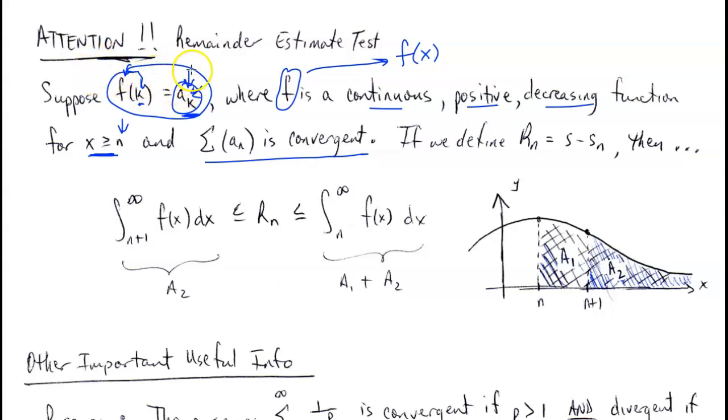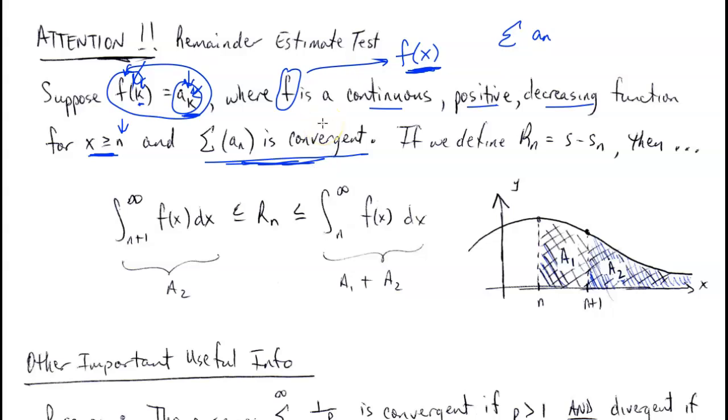We're able to look at our sequence from which our series comes as a function of a natural number. We can also look at the corresponding function in the continuous world, if I could call it that. This function has to be continuous, positive, and ultimately decreasing. And on top of that, we have to know that this particular series that we've been considering in the first place is convergent. So we've got all three of those things going on.